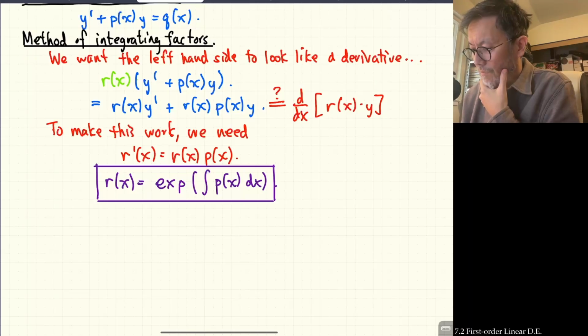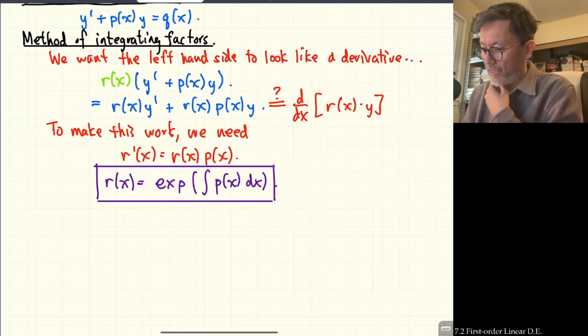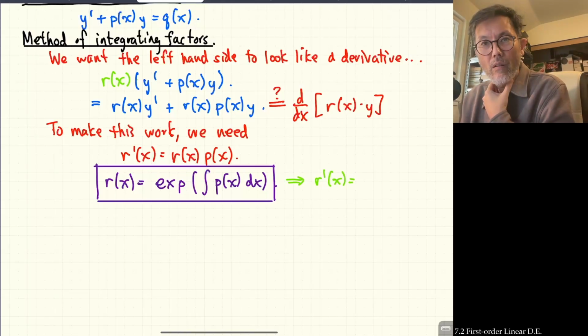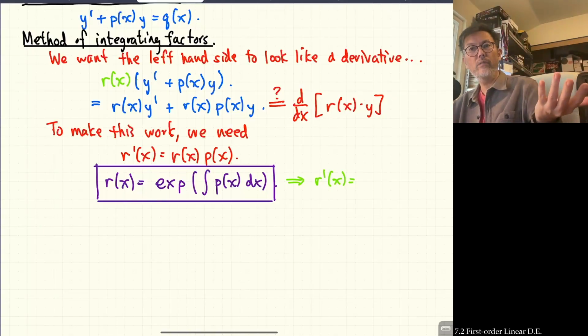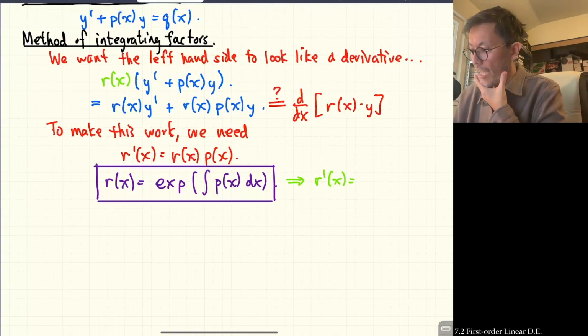Now understand, what's the derivative of this? If we have this definition, what is r prime of x? Well, by the chain rule, the derivative of exp of garbage is exp of garbage times the derivative of garbage.